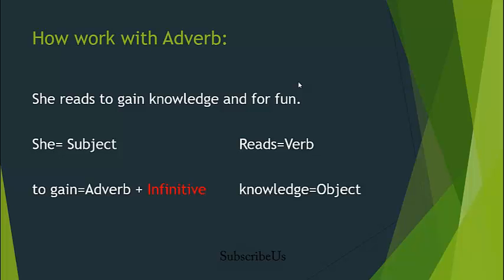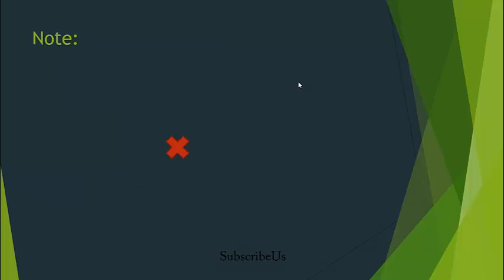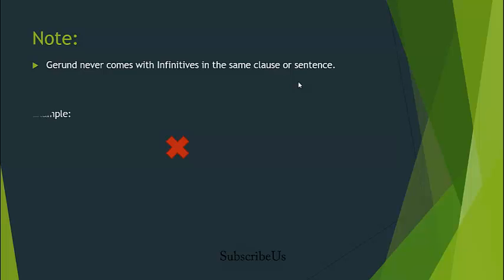Okay, and one thing more I wanted to tell you about. Here is a note about that. Gerund never comes with infinitives in the same clause or sentence. How? Let's check it with an example. To reading is a good habit.